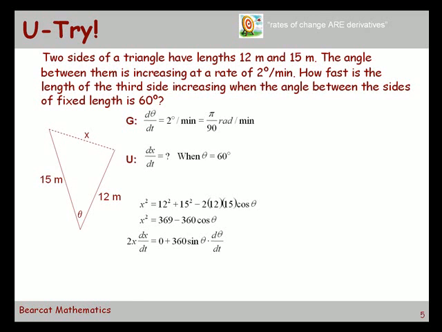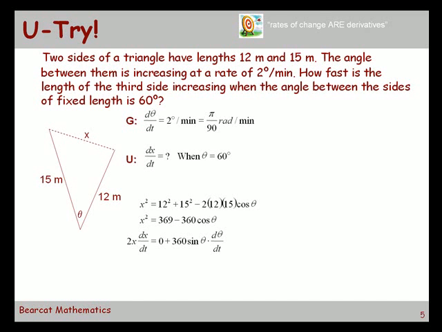That's what degree and radian mode is for: you're telling the calculator what angles you're putting into the sine, cosine, and tangent functions. But this d theta over dt is just a number. It's multiplied as a number, so I can't write 2 degrees there. I have to write a number there, and that's why we've done the conversion from 2 degrees per minute to pi over 90 radians per minute.